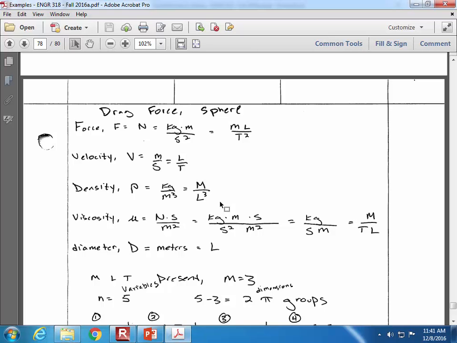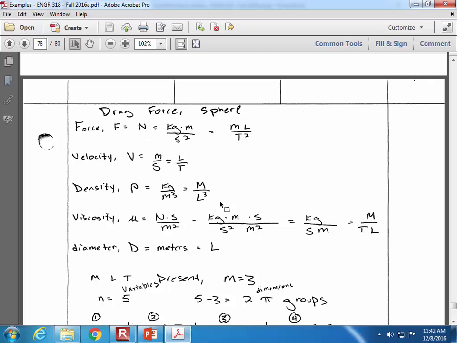All right, so force has units of newtons. All right, and newtons, if we break it down further, it's a kilogram meter per second squared. So that means the units of force are mass times length divided by time squared. Velocity is meters per second, which is just length per time.